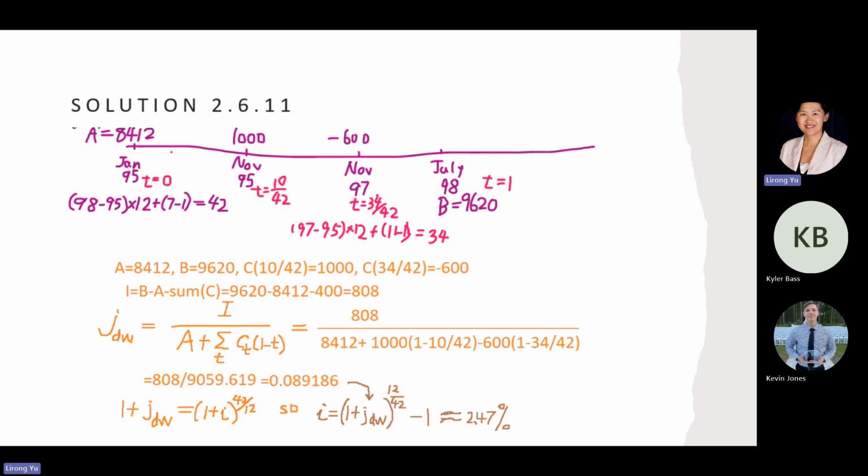So we have the interest amount, which is 808. Now following the dollar weighted yield formula, j_DW equals I over A plus the summation of C_t times (1 minus t). And we have two values for t, 10 over 42 and 34 over 42.